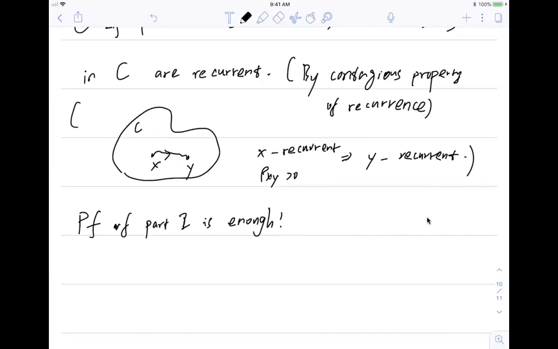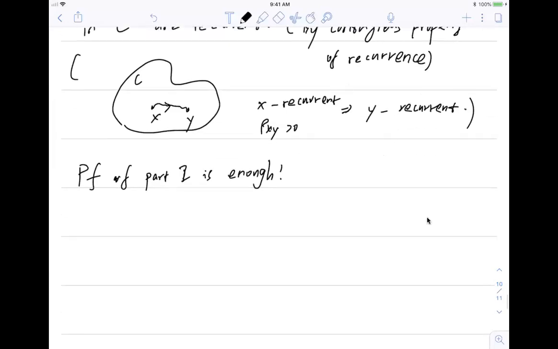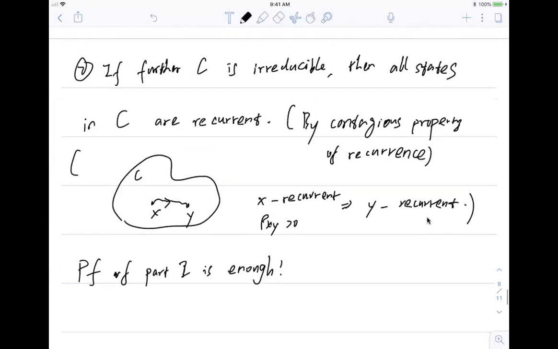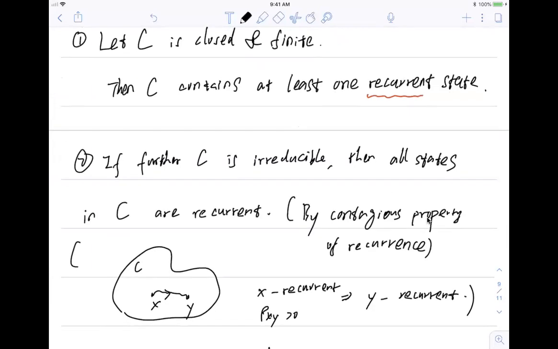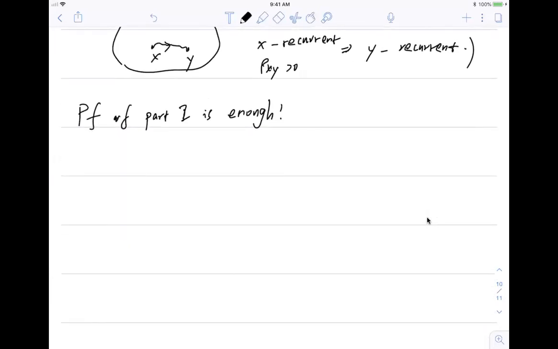If you have a question, you can ask. So how to show this? It's kind of a compactness argument, in spirit but not really. We prove by contradiction.